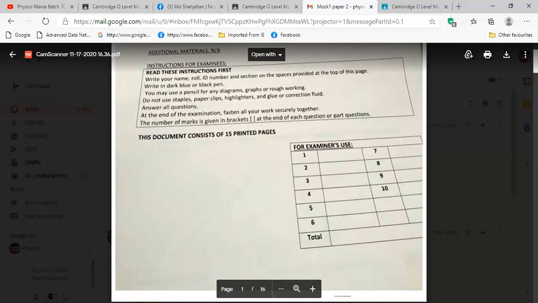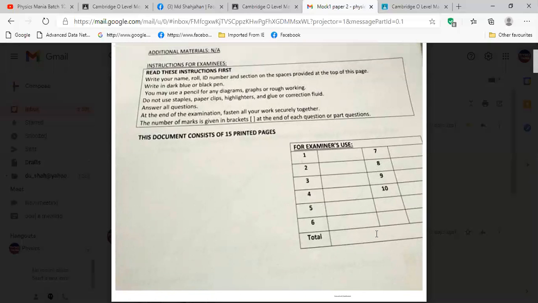So 58 I am getting. 58 by 75, you find it in percentage.